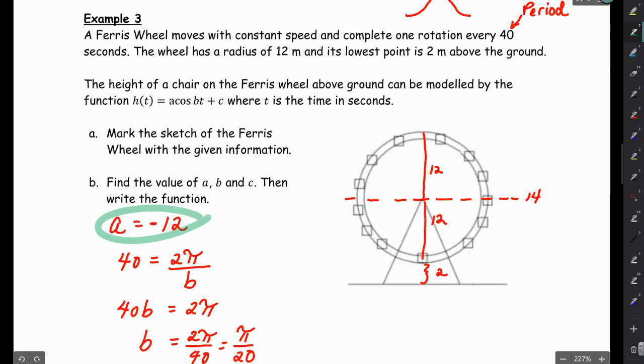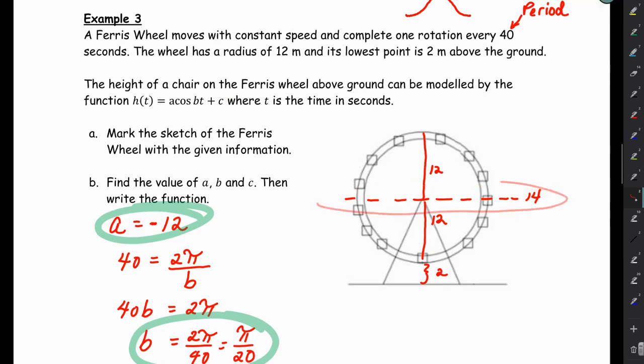We've got our A value, we've got our B value, and then they want us to find right here the vertical translation, and we know that the vertical translation is the center of the graph, so we know that C is equal to 12 plus 2, or C is equal to 14.